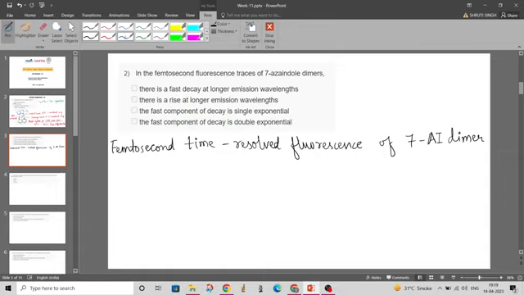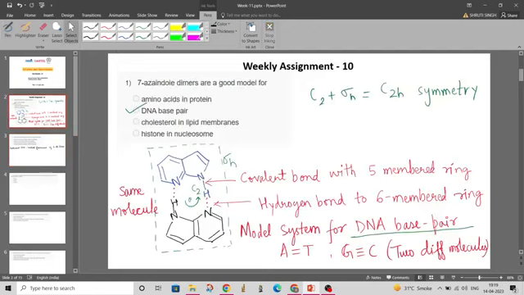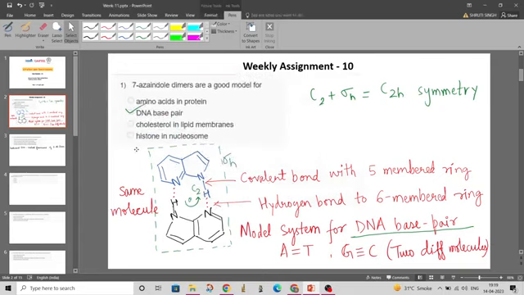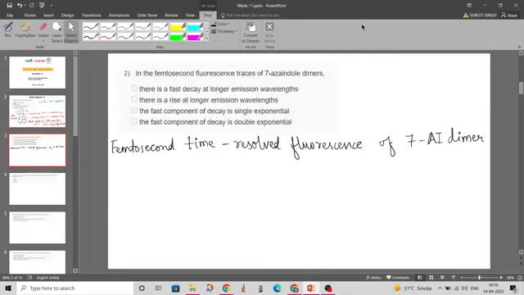So first, as I had drawn, let me copy the molecule. I'm not able to select this. I'll have to draw again.